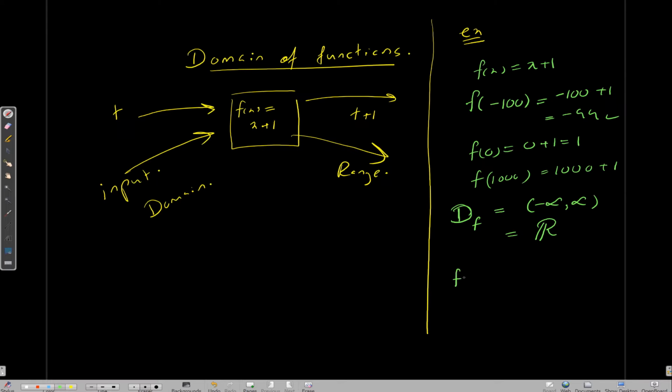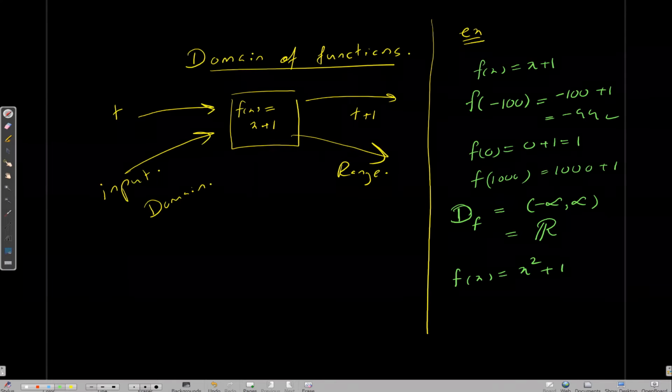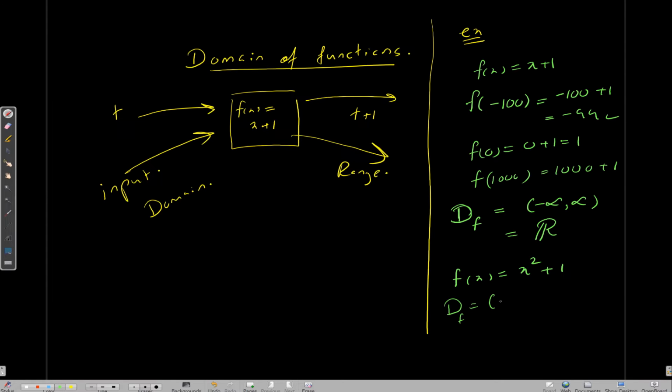Now how about this? F of x equal x squared plus 1. This is a quadratic function. Still, if you think carefully, you can put any real number into that. So actually, the domain of any polynomial function is negative infinity to infinity.